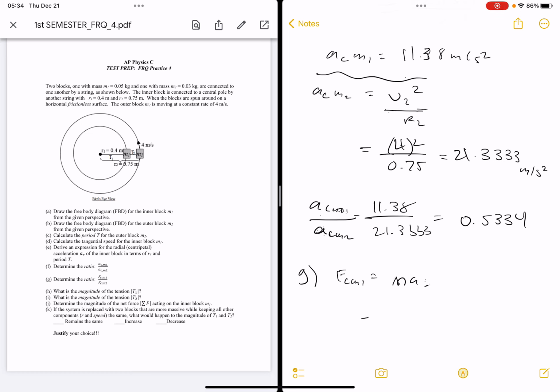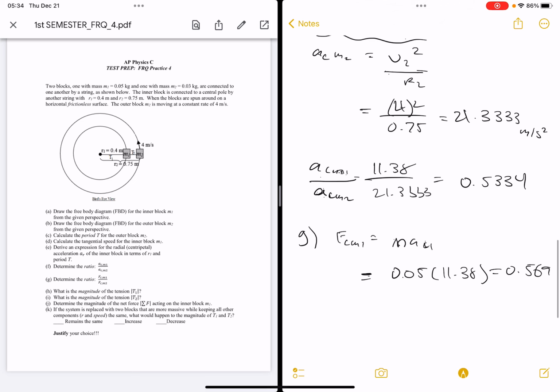And so then that would just be 0.05 times AC1, which is 11.38, which is equal to 0.569.